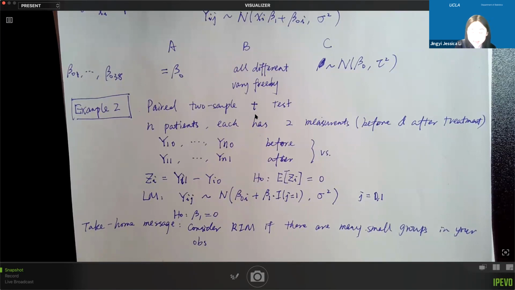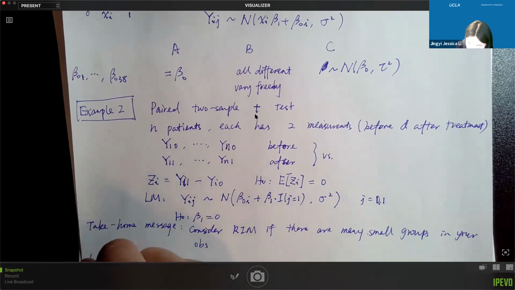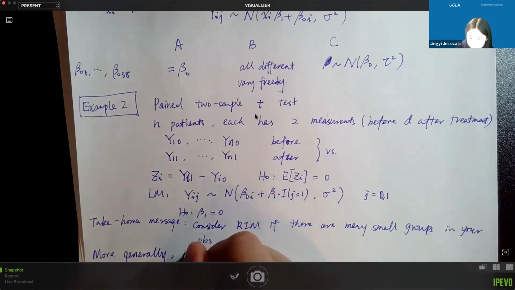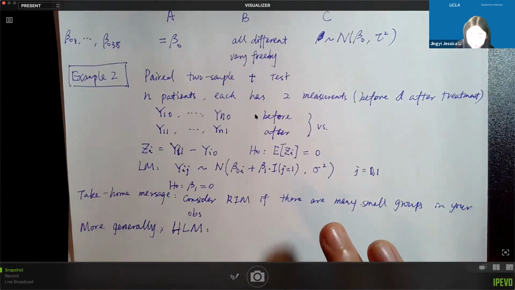Okay, great. So now let's move on to our more general perspective for linear mixed effect models. More generally, what is our hierarchical linear model? Let me just give you the simple setup.